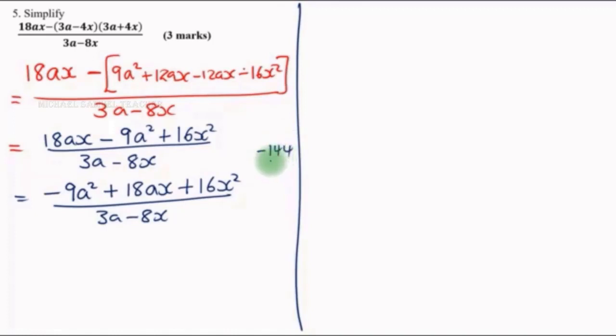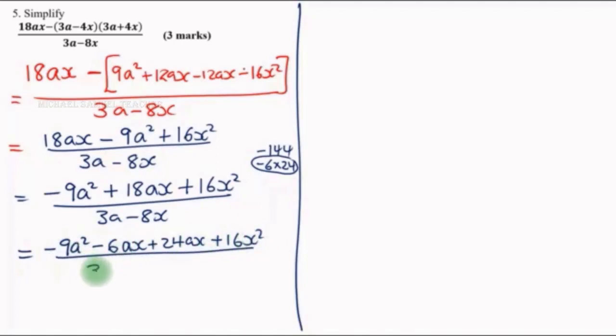But for 144 we can get factors such that when we add the two factors we get 18, and that will be minus 6 times 24. Those will be the factors. So this can be written as minus 9a squared, then minus 6ax plus 24ax plus 16x squared, all over 3a minus 8x.